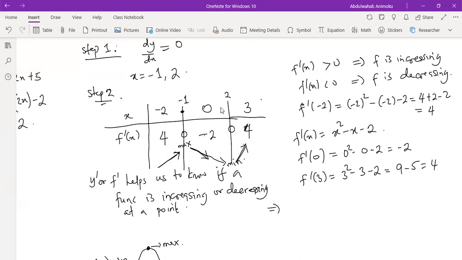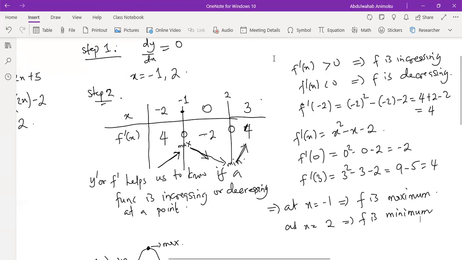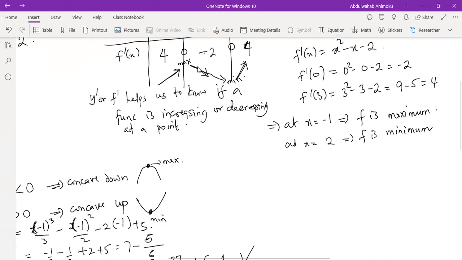So we can conclude that at x equal to -1, f achieves a maximum, and at x equal to 2, f is a minimum. So basically, once you get this, you just need to find the values of f.